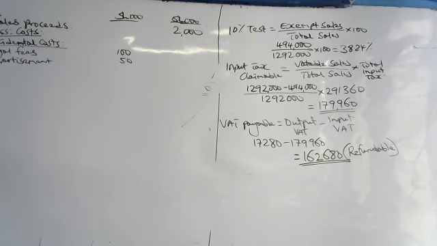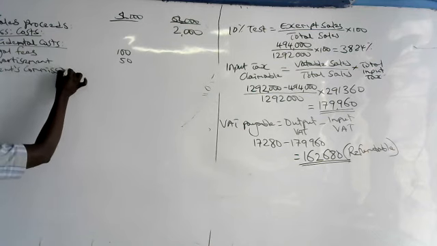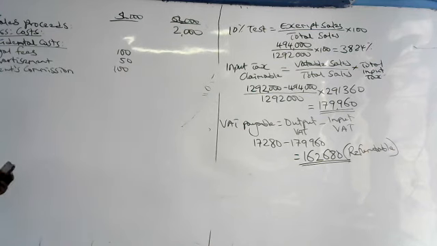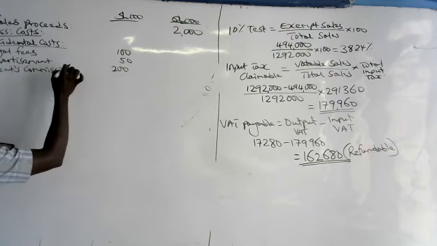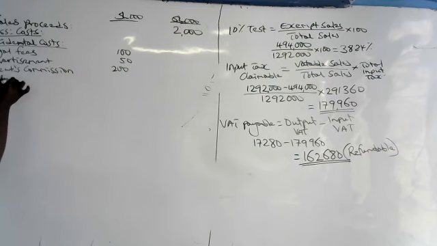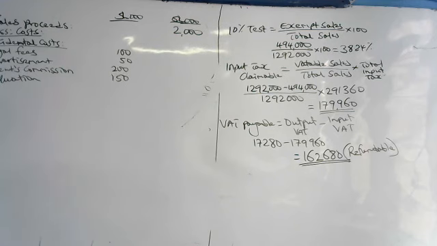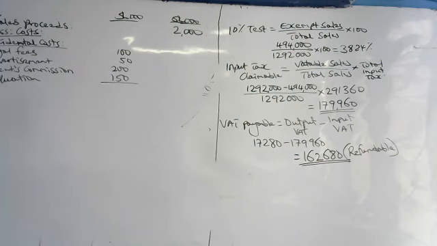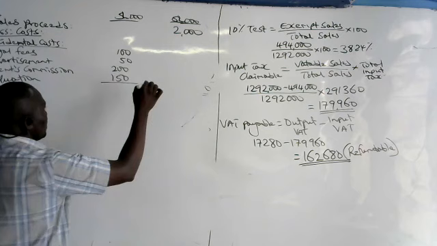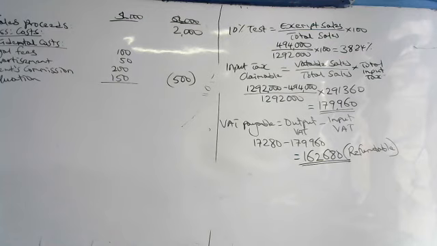Advertisement is 50. Agent's commission is 200. Valuation here is 150. Those are the incidental costs. How much are those? 500.